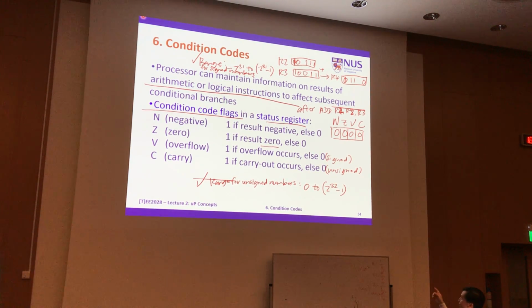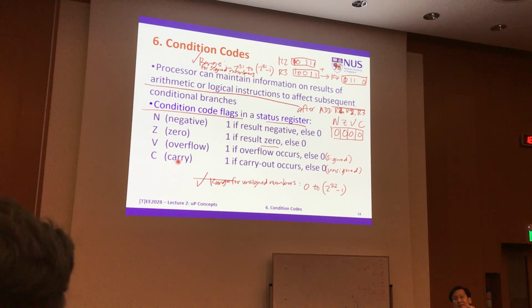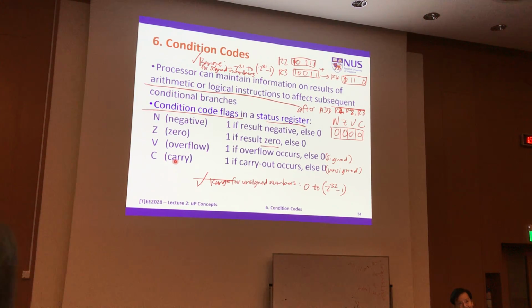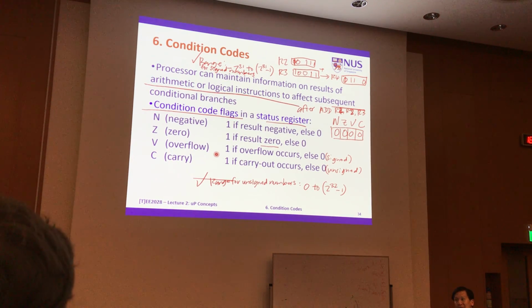If you actually intended it to be a negative number, you don't have to go and check the carry flag. The carry flag value, whether it's 0 or 1, is not relevant to you. If you intended it to be a signed value, then you only need to check the V flag.